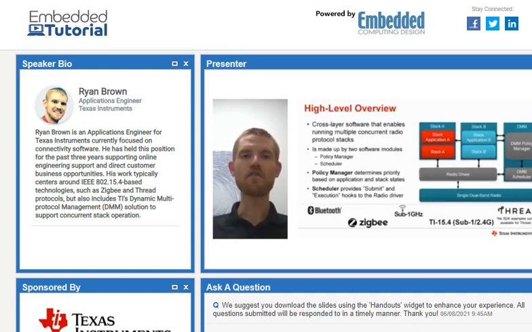So a high-level overview of the multi-protocol manager is as such. It starts off with two stacks. You have stack A, let's say BLE, Bluetooth Low Energy, and stack B, let's say proprietary sub 1 gigahertz. And these two stacks both have an application and the underlying stack that are attempting to communicate to the radio driver.